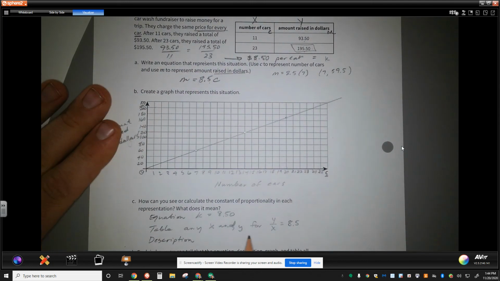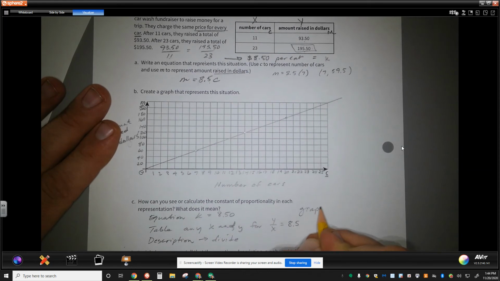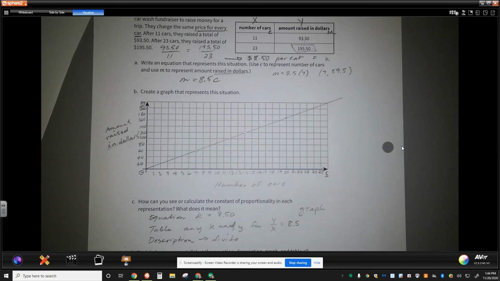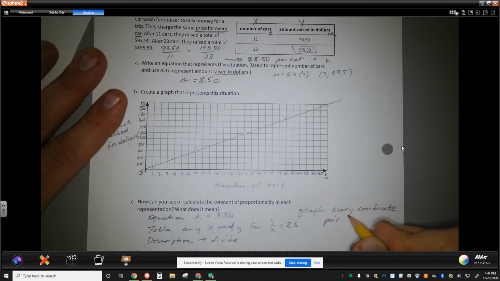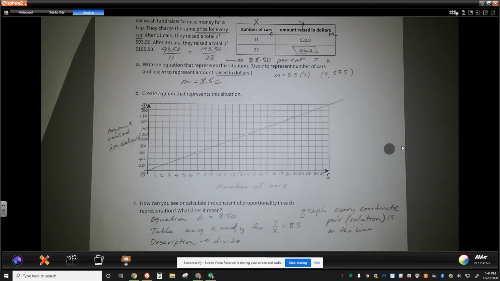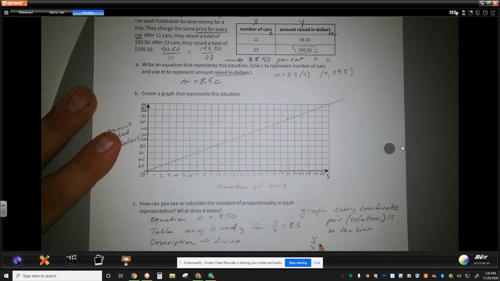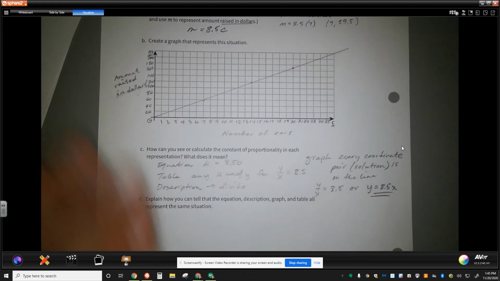In the graph, we can say that we see this one by saying every coordinate pair, which is also known as a solution, is on the line every single time. So we always know that y divided by x is equal to 8.50, or y is equal to 8.5 of x. And again, that's our better equation that we want to follow.